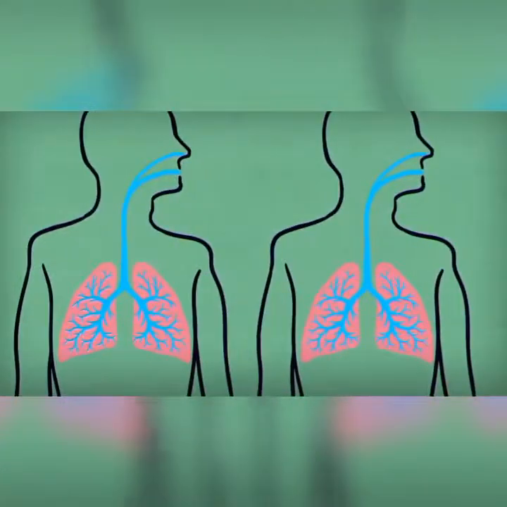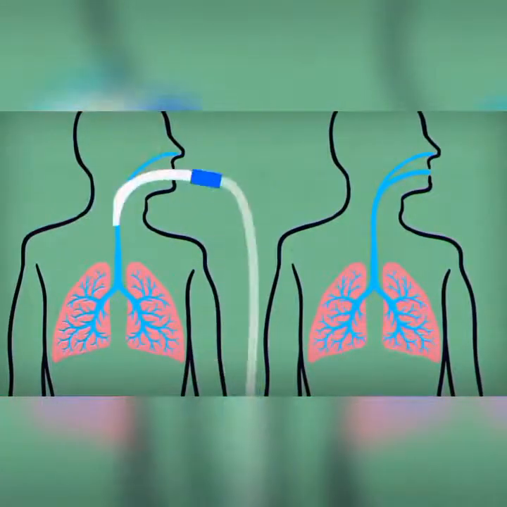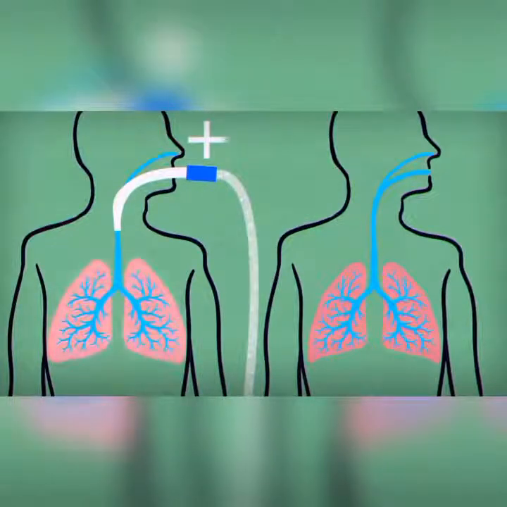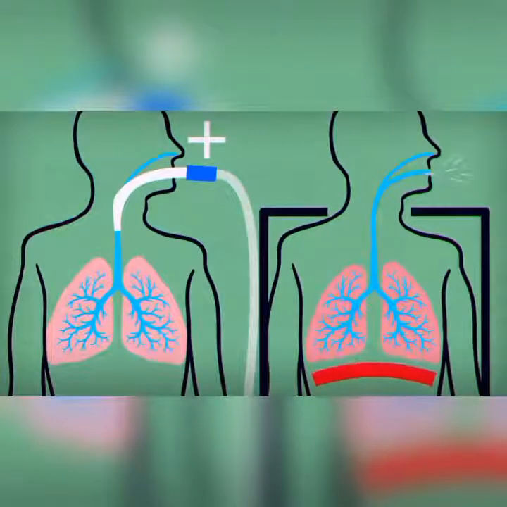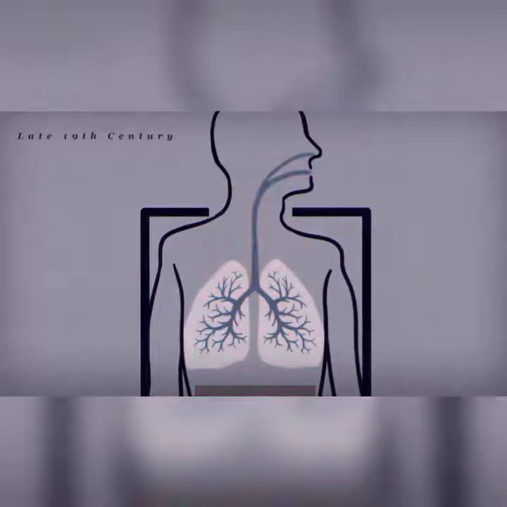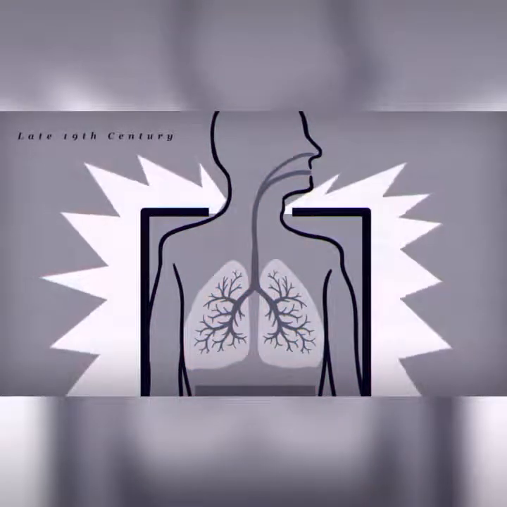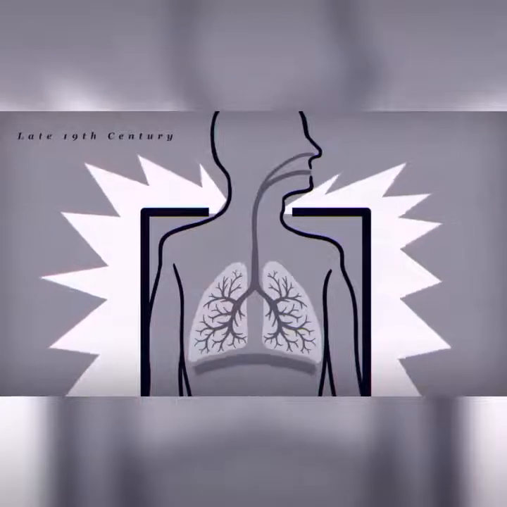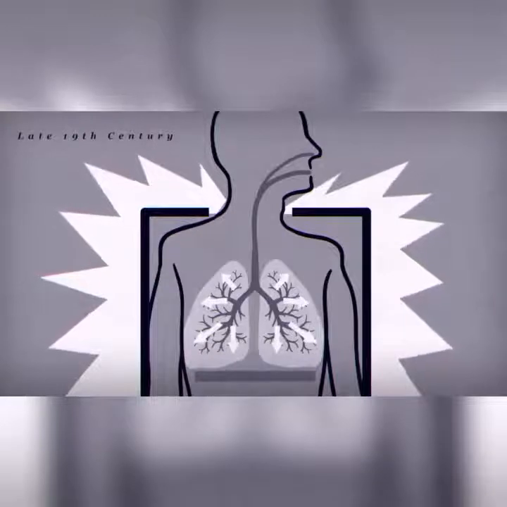There are two main ways ventilators can work: pumping air into the patient's lungs through positive pressure ventilation, or allowing air to be drawn in passively through negative pressure ventilation. In the late 19th century, ventilation techniques largely focused on negative pressure, which closely approximates natural breathing and provides an even distribution of air in the lungs.